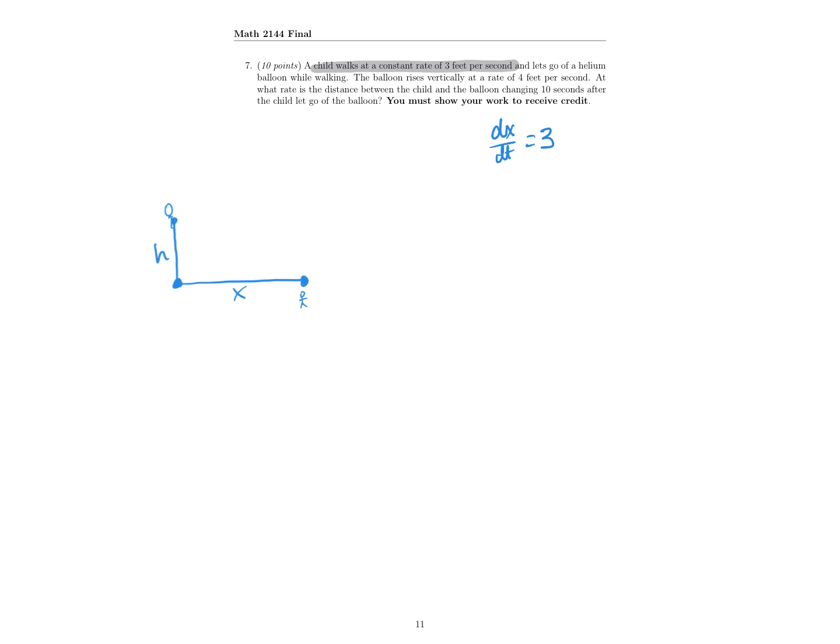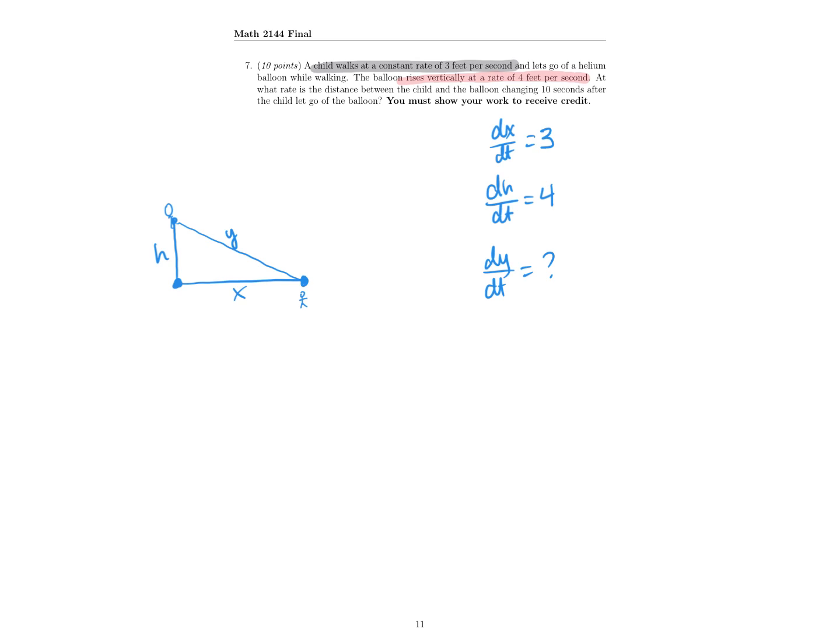And then dh/dt is also given, and that is the balloon rises vertically at a rate of 4 feet per second. So that is equal to 4 feet per second. And then it asks, at what rate is the distance between the child and the balloon changing? So that's this distance, which I'll call y. And so I want to find dy/dt.